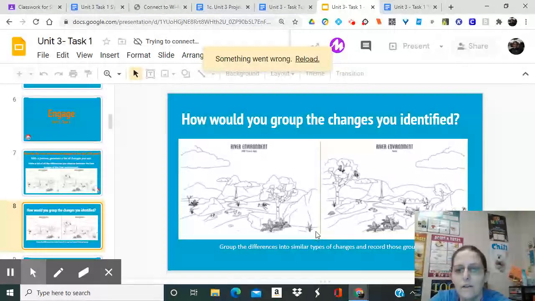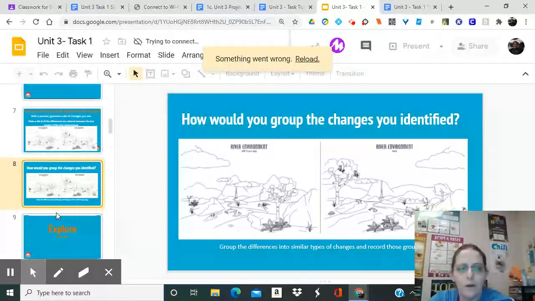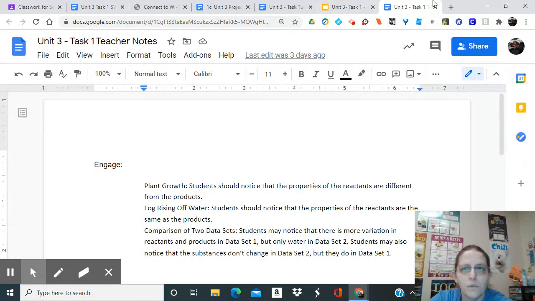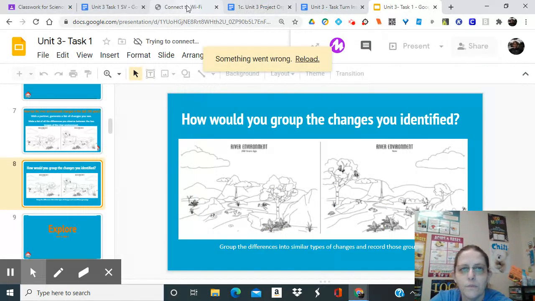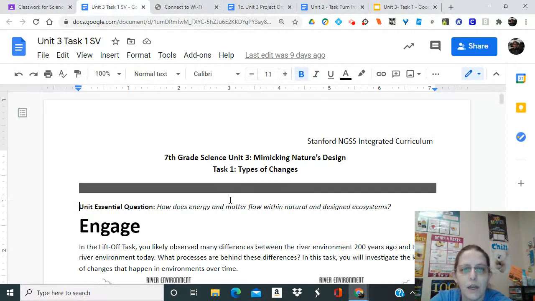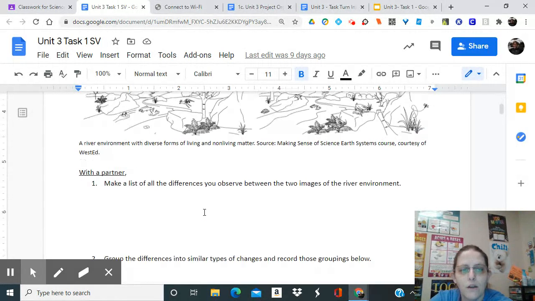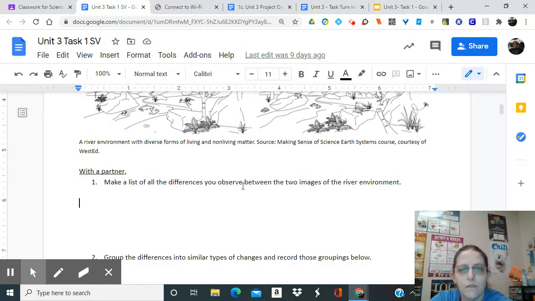All right, so now we have one plant on the river environment before, and now we have multiple plants. So how would you categorize those changes? Okay, so that's what I want you to do on this one. So in your student guide, you're going to look at those changes, and then make your list of the differences between the two pictures.